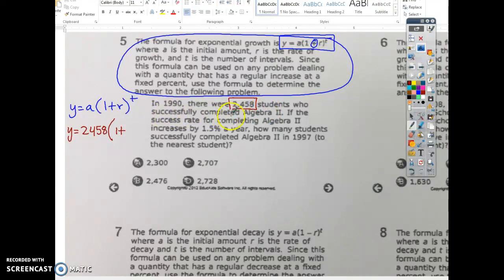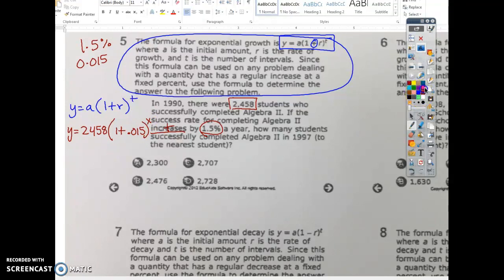Students who successfully complete Algebra 2. If the success rate for completing Algebra 2 increases, that's where the plus comes in from, right? By 1.5%. Well, we already changed 1.5%. I know that it's 0.015. So 0.015 to the power of x.